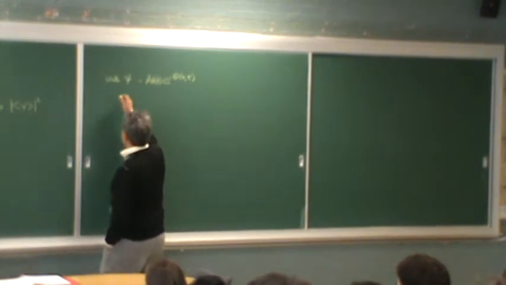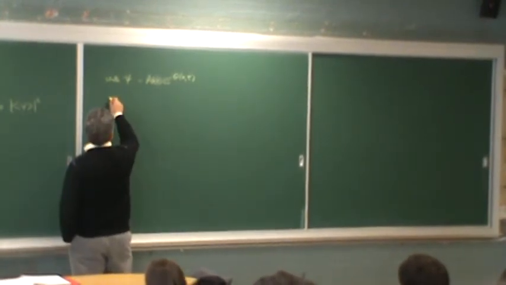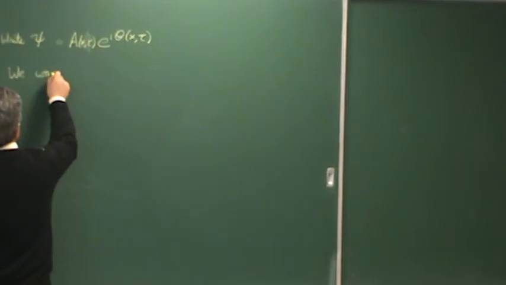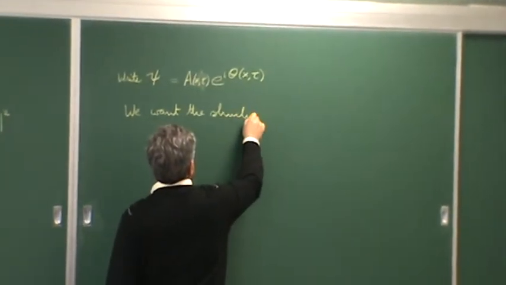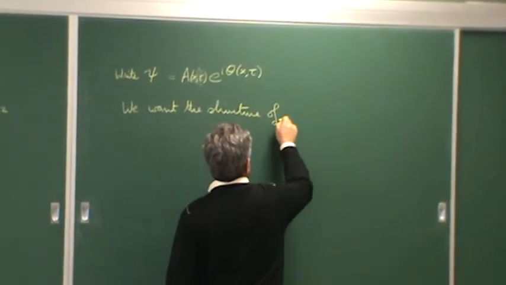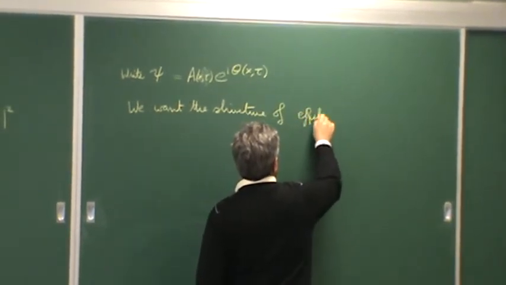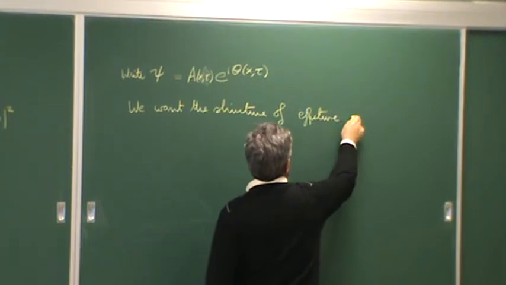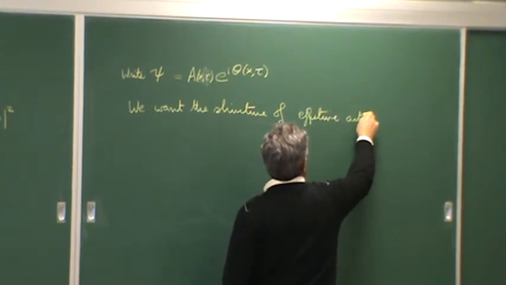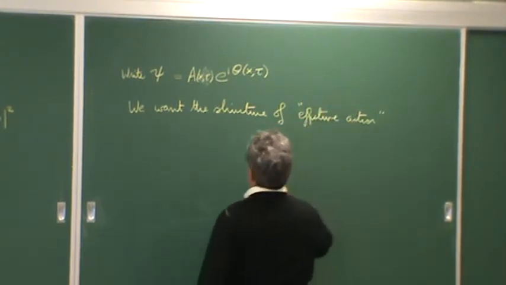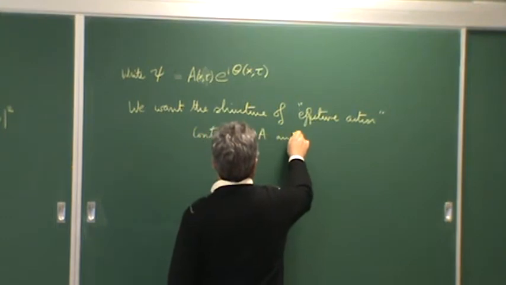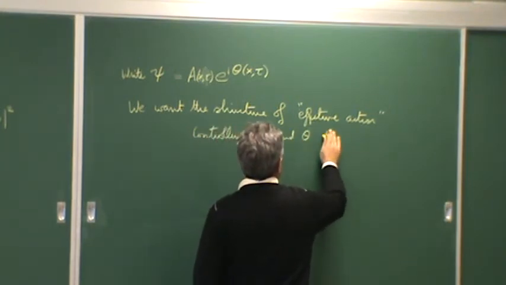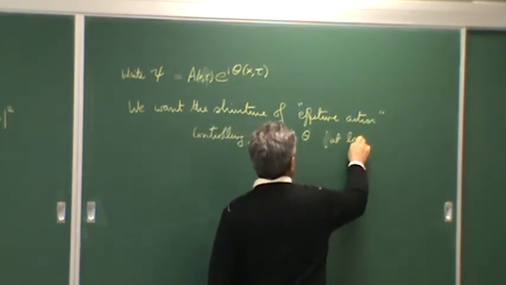So what we would like is the structure of, let's say, an effective Hamiltonian or effective action controlling A and theta at long distances and times.